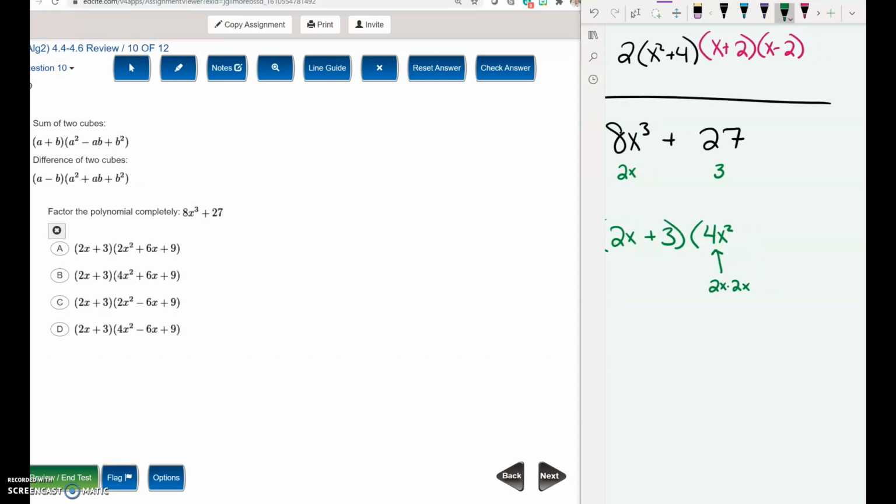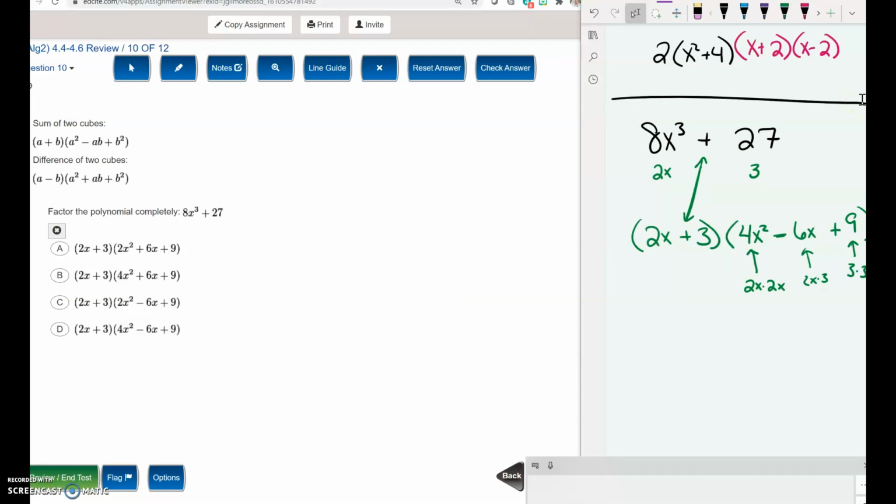Then the middle number has to be 2x times 3, which would be 6x. And the last number is 3 times 3, which is 9. The first symbol always matches. The second symbol is always the opposite of that. So it should be 2x plus 3, and then 4x squared minus 6x plus 9.